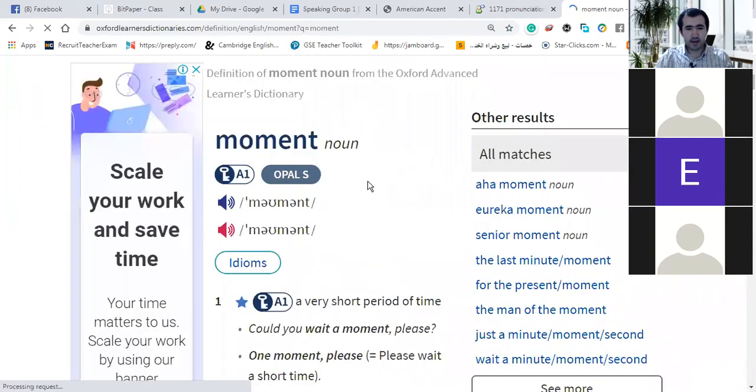So in dictionaries, they have schwas on the syllables. Moment. Okay, the syllables are not stressed, but they have a little bit of higher intonation. Moment.